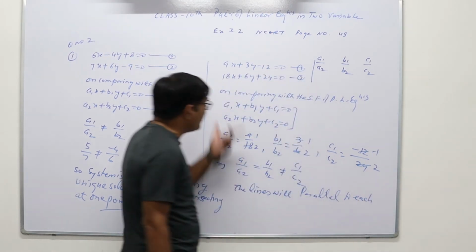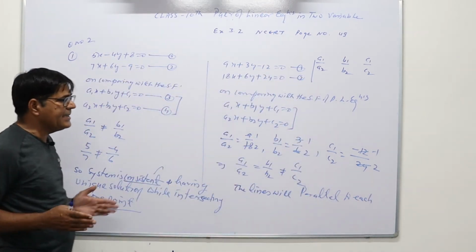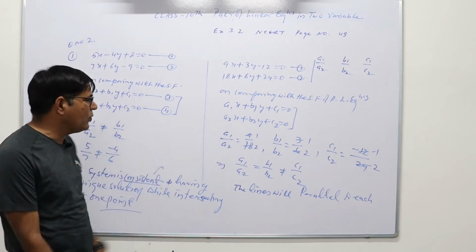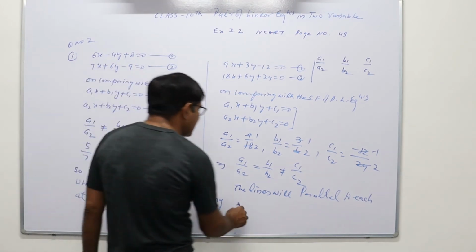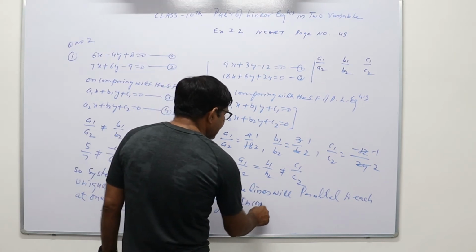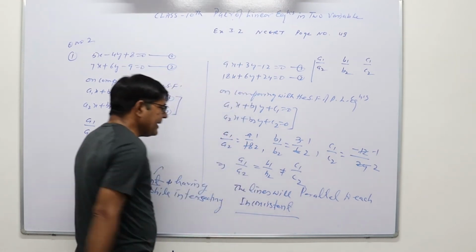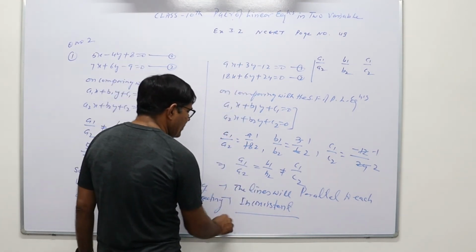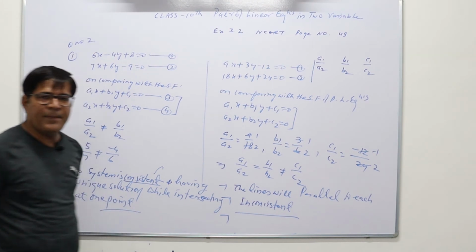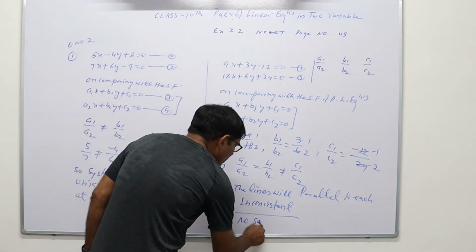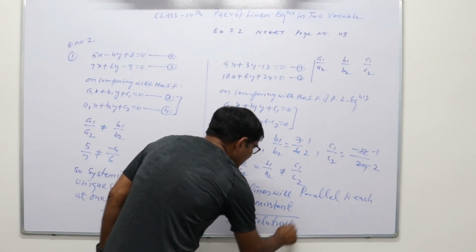If we draw the graph of these two equations, then the lines will be parallel to each other, and when the lines are parallel to each other, then the nature of the system will be inconsistent. And what will the solution be? When lines are parallel, then there will be no solution. So no solution for the system.